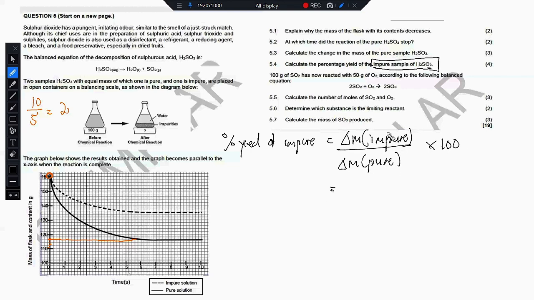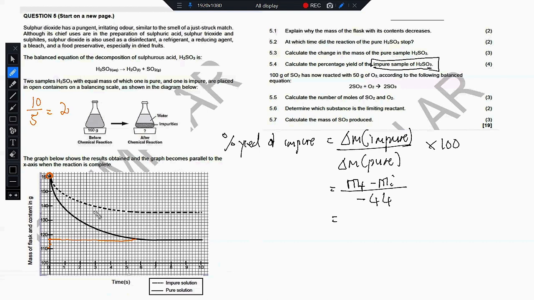So what is the change in mass of the impure? Remember, we haven't calculated it, but we can calculate because we know that the broken line represents the impure. Now, this again is mass finally minus mass initially. We already have the change in mass of the pure. From the previous question, we got negative 44. So there is no need to redo that one.